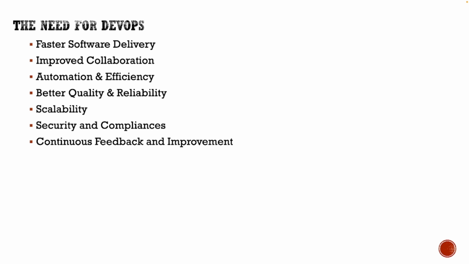As I mentioned, this was covered in the previous slide. We'll have two different kinds of workflow: continuous integration and continuous deployment. Continuous integration is where the developer develops the code and pushes it into the repository.